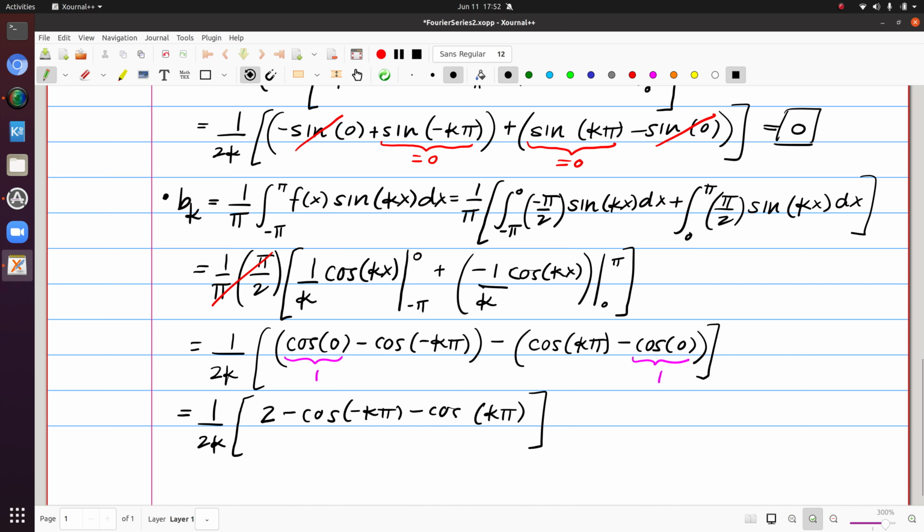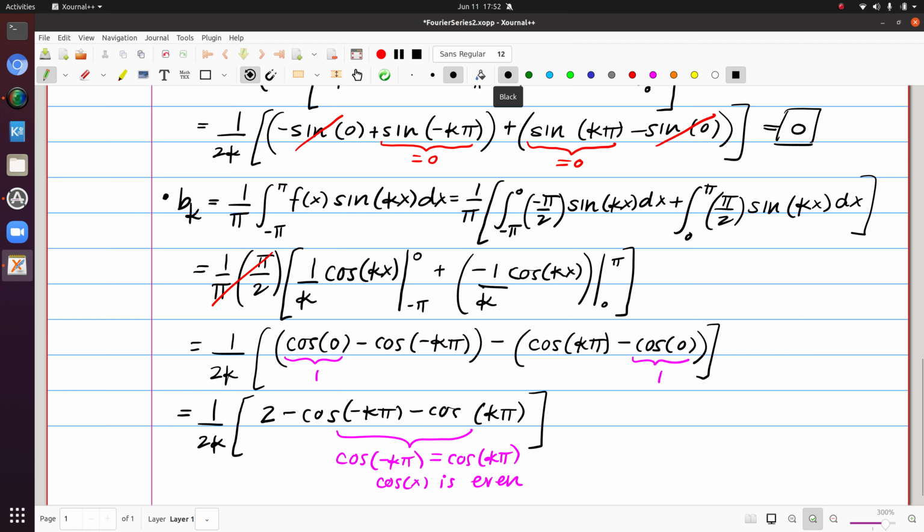The other observation that's going to help me here is to recognize that these are actually the same. Cosine of minus k pi is equal to cosine of k pi. The reason is cosine of x is an even function. Recall that that's one of our definitions, that if you evaluate an even function at a positive x value and the same x value but negative, they should equal the same value.